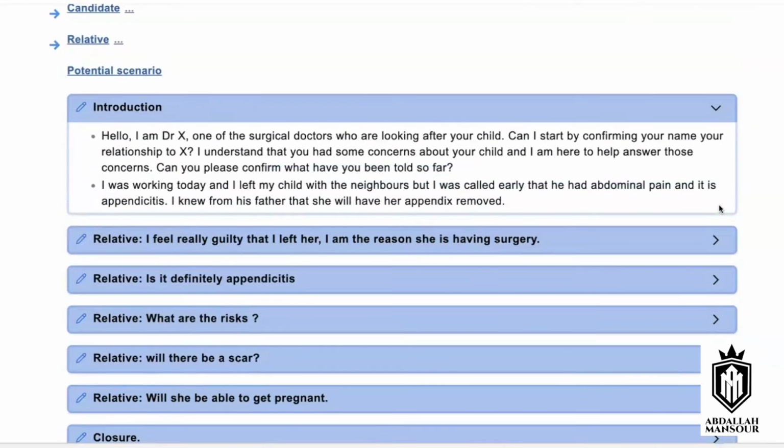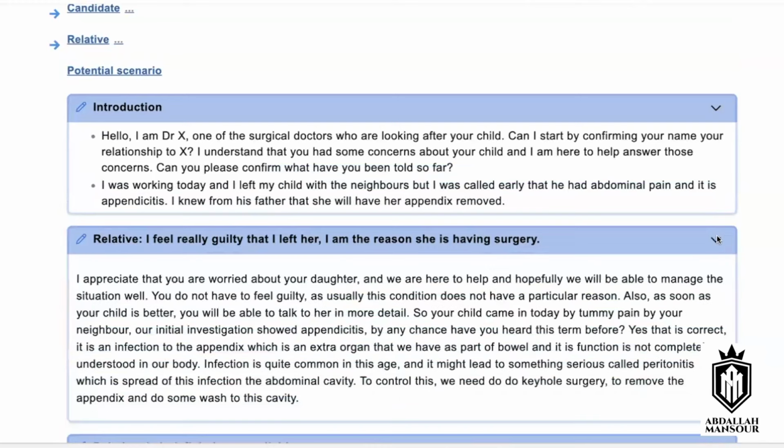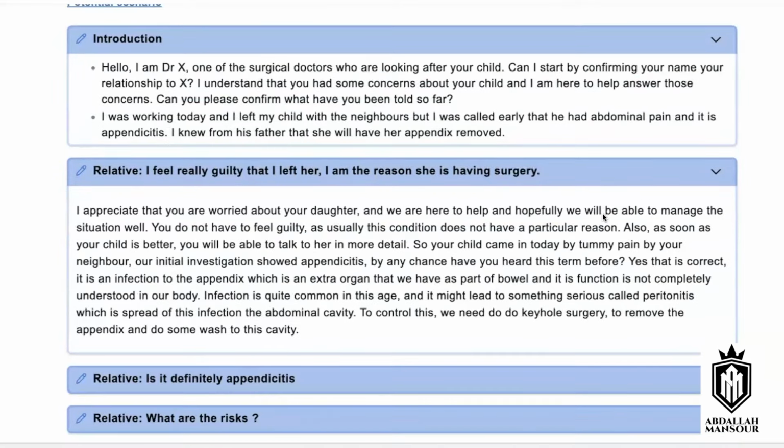Well, all I know is that I was told this morning that she had severe abdominal pain and had to attend the A&E, and I understand that she's going for surgery. And I feel that I'm the reason why she's going for surgery, because I left her this morning. Okay. Do you remember for what period of time you thought she was ill?